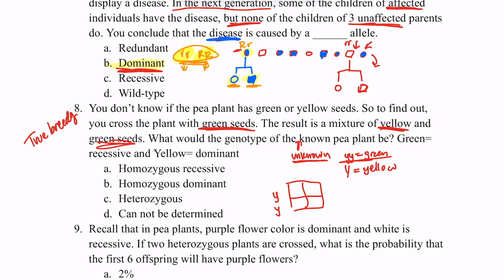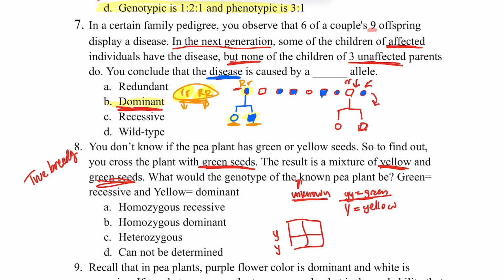So just like we do with the pedigree, we're going to plug and see if it makes sense. So let's say we think the unknown is going to be dominant. Well, if we do our little pedigree thing, we get all heterozygous. Well, that would all express yellow. And we said before that it is a mixture of yellow and green seeds.